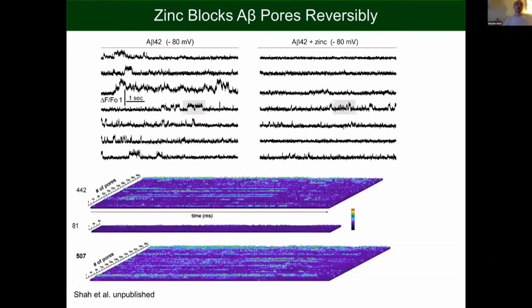They are blocked by zinc. So if you apply A beta and then add zinc to the solution, the majority of these pores would close, and the effect is reversible.